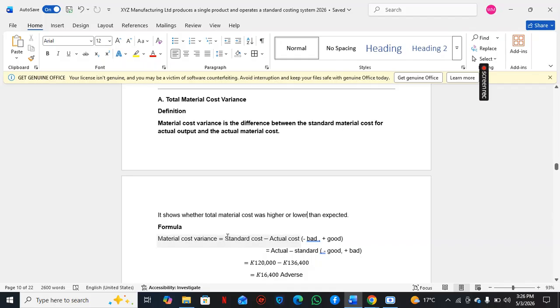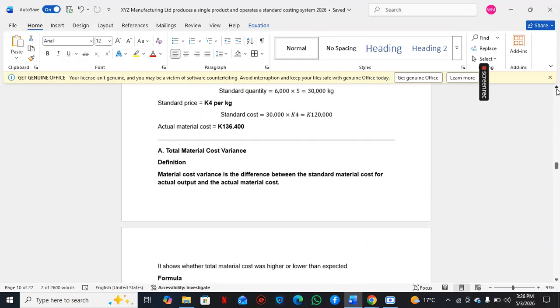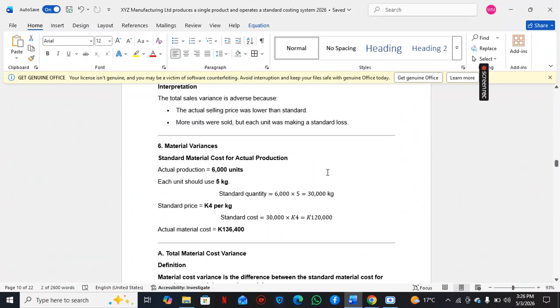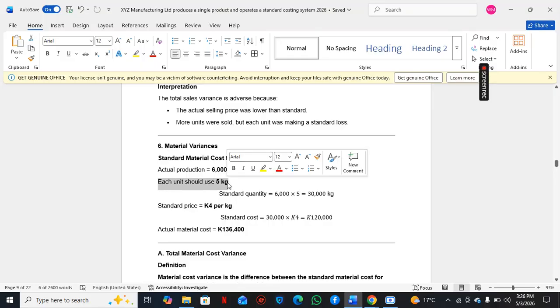So first we have to find what our standard cost for materials was. What did we expect to pay for materials according to our standard cost card? Now remember, we actually produced 6,000 units. According to our standard cost card, each unit uses 5 kg.